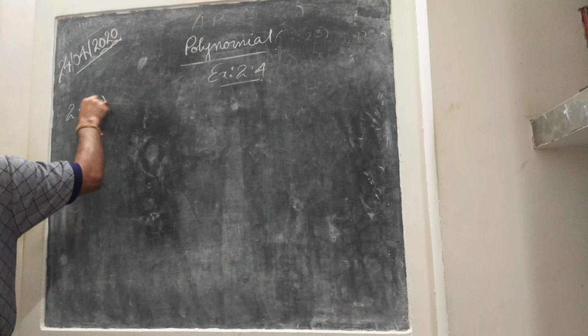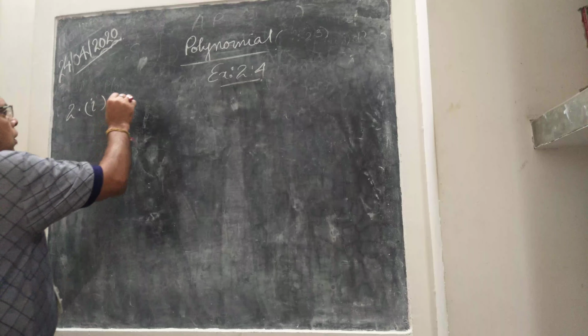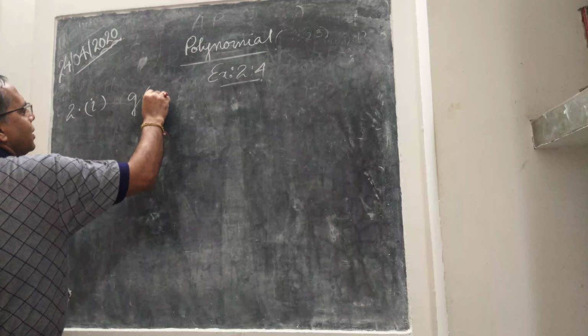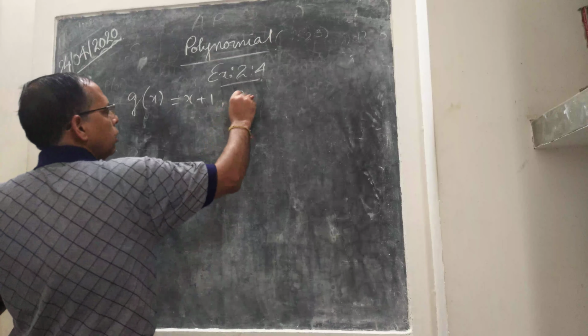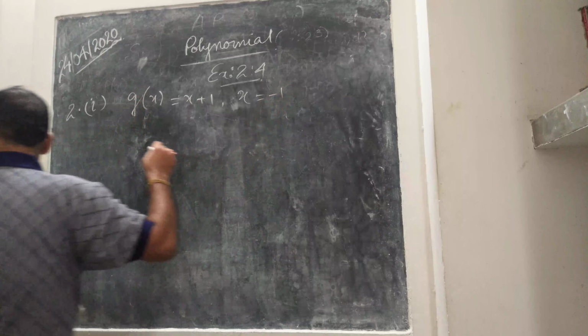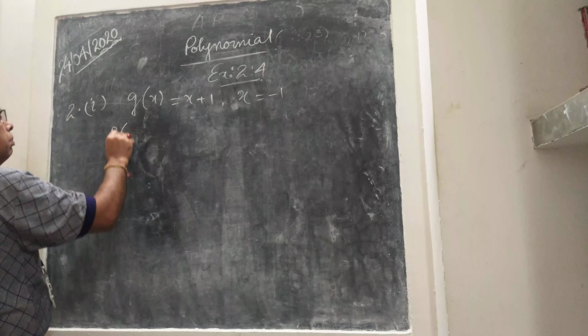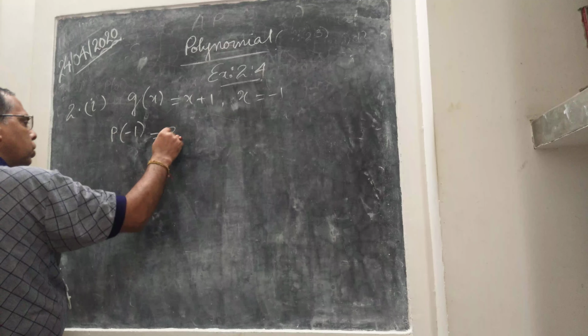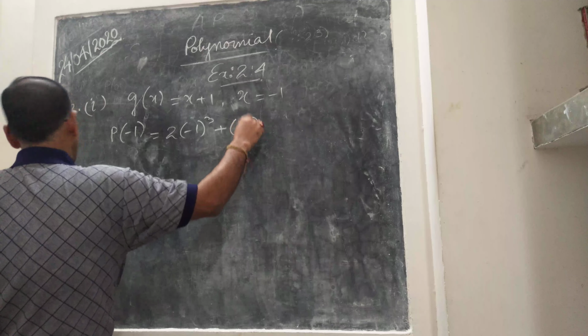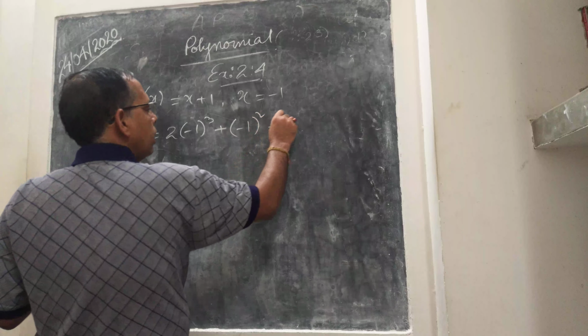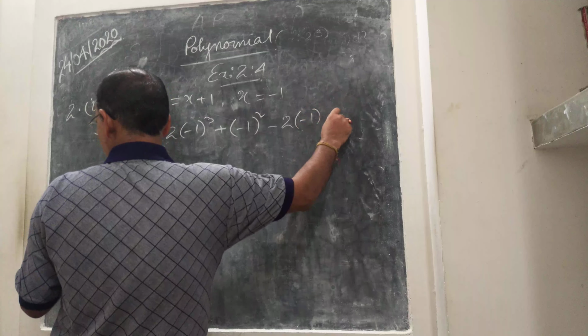2 Roman 1. So gx is given x plus 1. Then what is that? x equal to how much? Minus 1. Then you see p of minus 1 equal to 2 minus 1 cube minus 1 square minus 2 minus 1 minus 1.